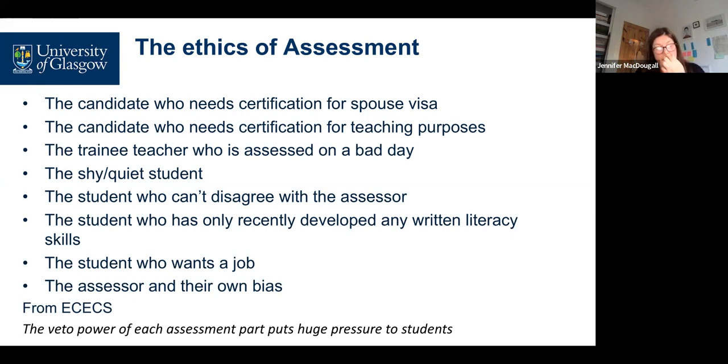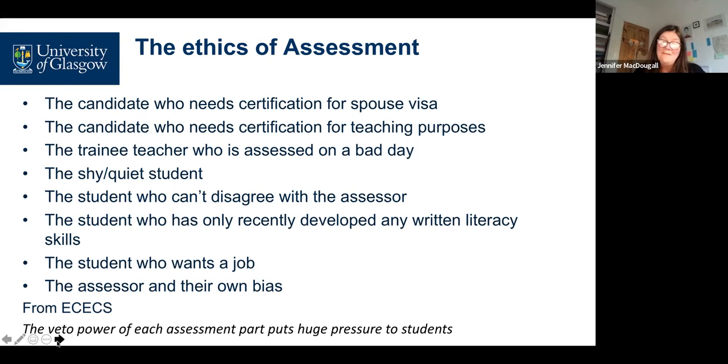This comment came from one of our students in the course in ECECS this year, about the fact that they must achieve every single course element and the pressure that put on the students as they were doing the assessments, the veto power of each assessment, they called it.